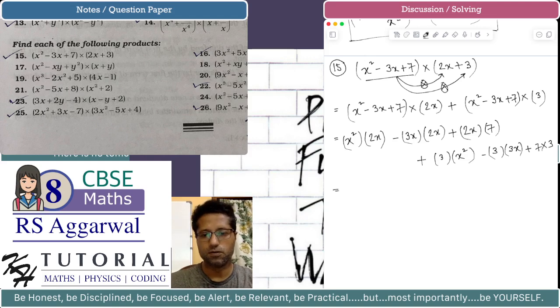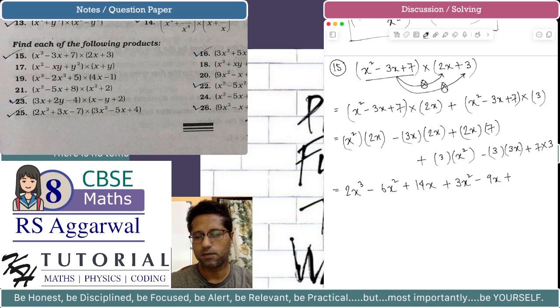So this is equal to 2x cube minus 6x square plus 14x plus 3x square minus 9x plus 21. Now you must add up the similar terms.